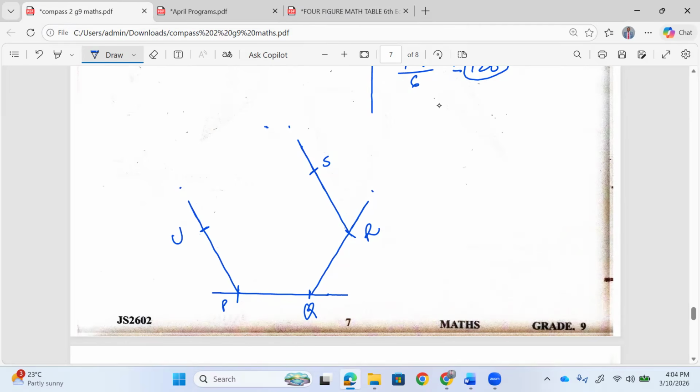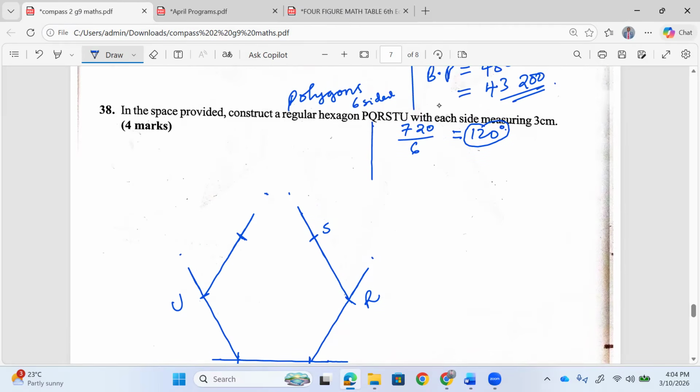After measuring 120 on the inner side, you're supposed to measure the line to be exactly 3. So we are following line segments like that. Between S and Q, we have T there. So now you join T and S using just a straight line.